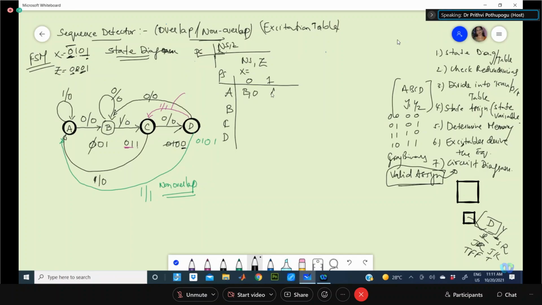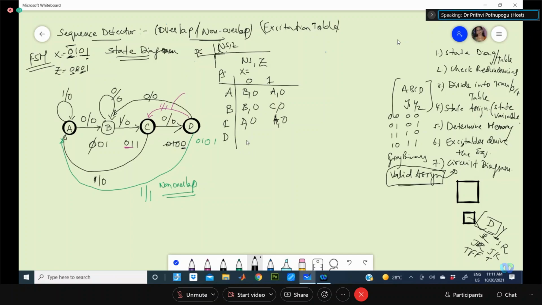If it is 1, stays back in A, generating 0. B, if 0, stays back in B, generating 0. And if it is 1, goes to state C, generating 0. And in C, if 0 is the input, goes to D, generating output 0. And 1, it goes to A, generating output 0.